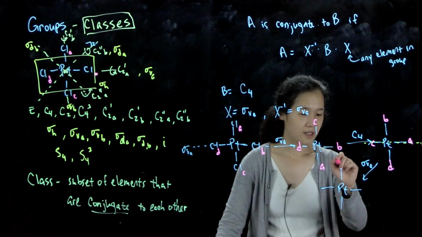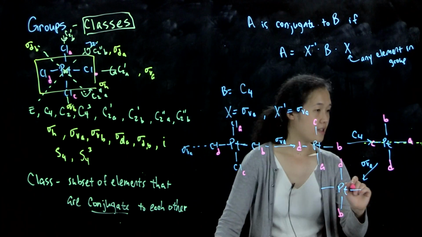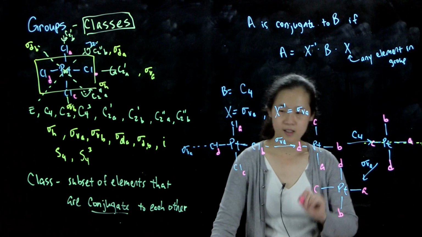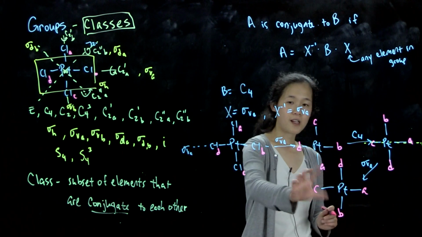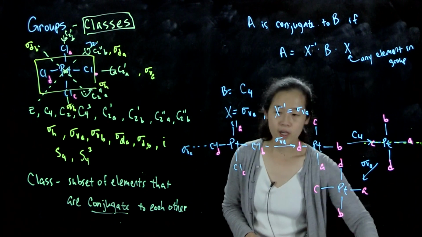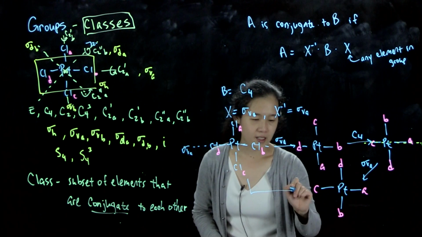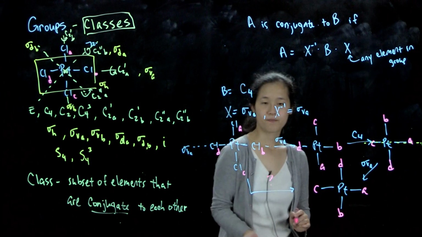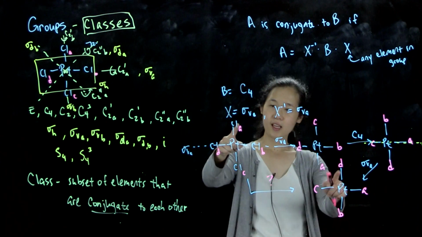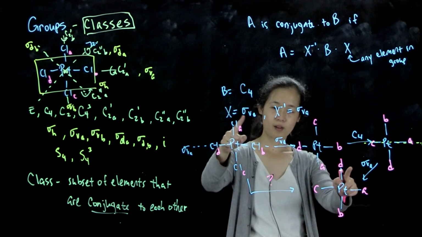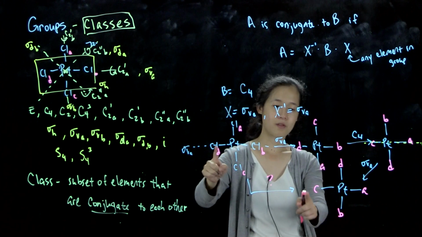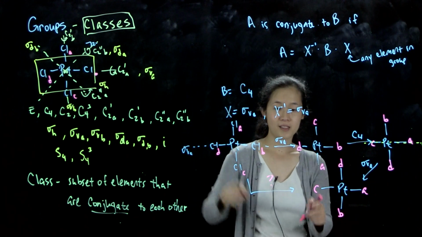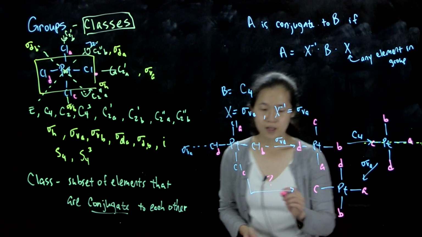So we'll get out D, B, A, C. So now, to figure out the product, we want to figure out what operation gets us to here from our starting orientation. So we can see that A has moved to the right, D has moved to the right, C has moved to the right, and B has moved to the right, or I guess moved clockwise. So this is the same thing as if we did a C4-3.